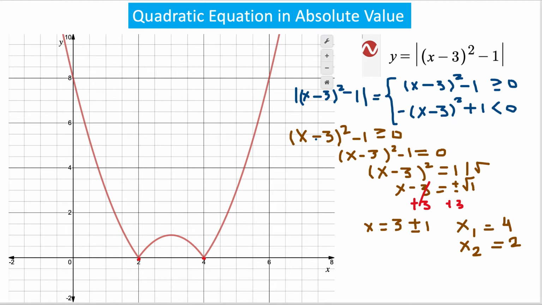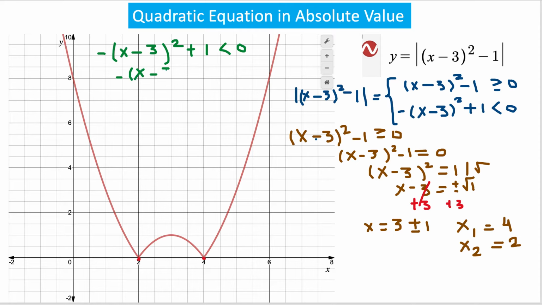Now I'm taking the same function in the other interval, minus x minus 3 squared plus 1, which is smaller than 0. I'm just equating it to 0 because I have to find the zeros of the function.